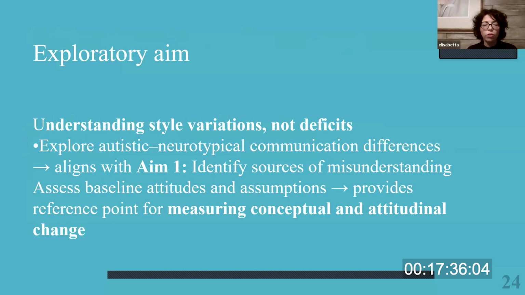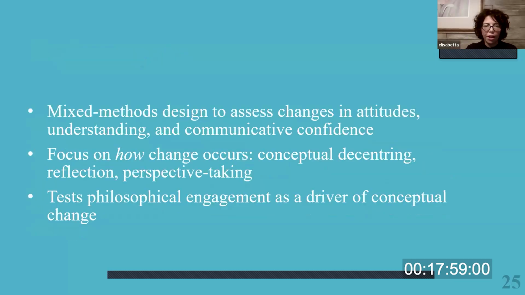So we have to explore autistic-neurotypical communication differences, and these align with the first aim, namely, identify sources of misunderstanding. And we also need to assess baseline attitudes and assumptions in order to provide a reference point for measuring conceptual and attitudinal change.